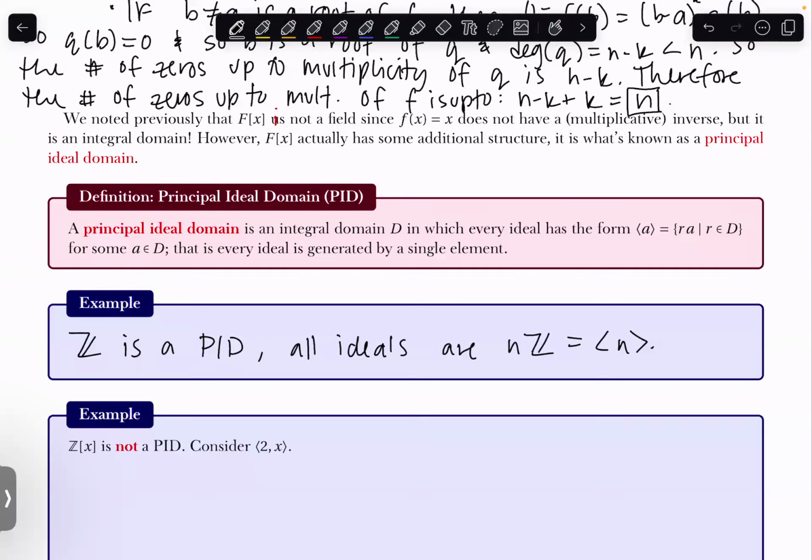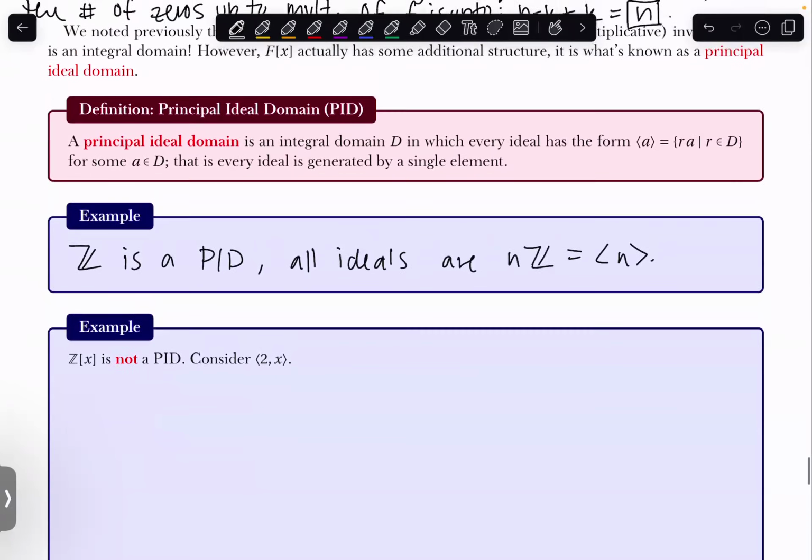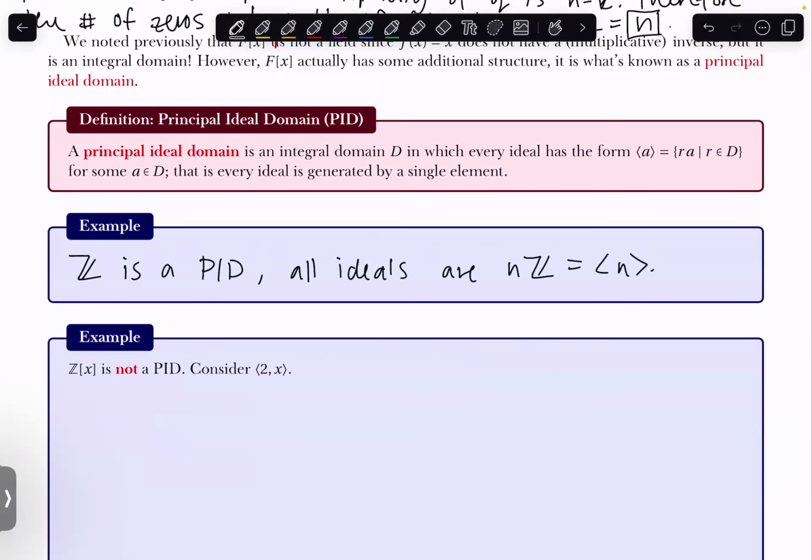But it turns out when your coefficients come from a field, your polynomial rings are going to end up, actually, I want to be careful here. We don't always get a principal ideal domain if it's not a field. But if it is a field, we do get this nice property.